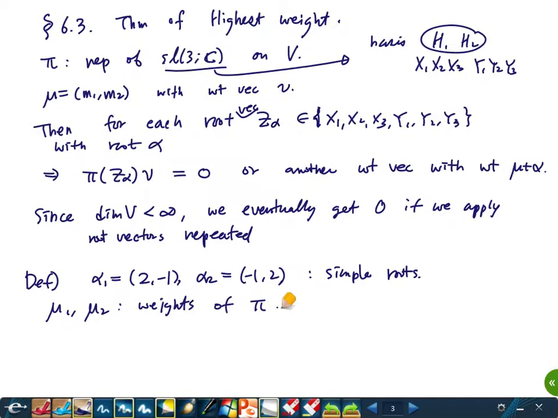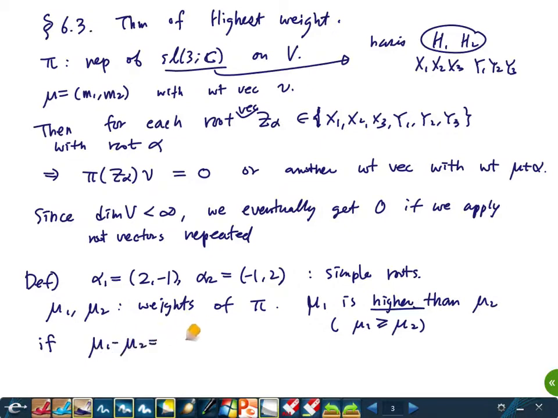And we say that mu1 is higher than mu2, denoted mu1 higher than mu2. So this is the definition. If mu1 minus mu2 is a linear combination of alpha and beta with non-negative real number coefficients, A, B, like that.